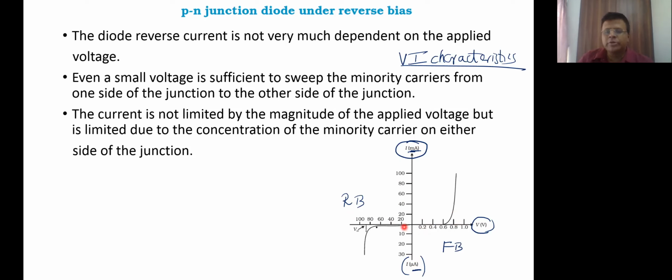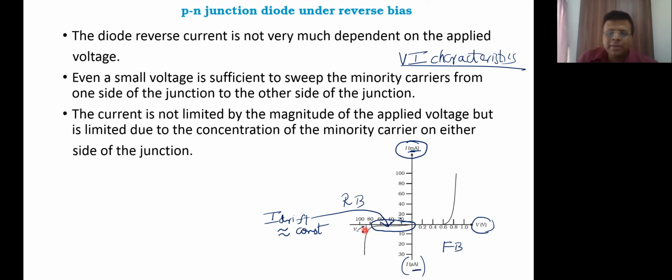So first thing what you see here is in this region, what comment do we have about the drift current? What is this current? This is the drift current. In the reverse biasing case, you can see that the drift current is approximately constant, which I had said earlier, that drift current is not going to be affected in any way by the increasing or the decreasing potential applied across the PN junction.